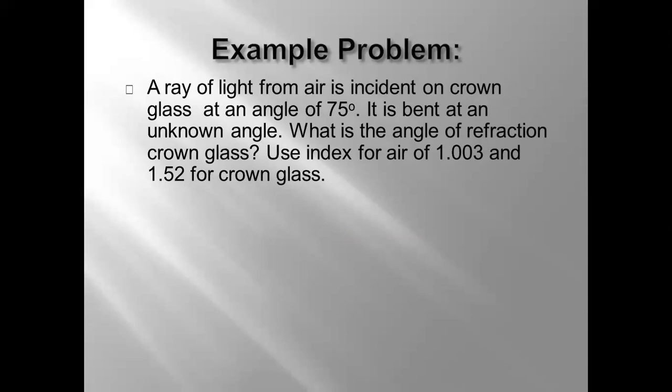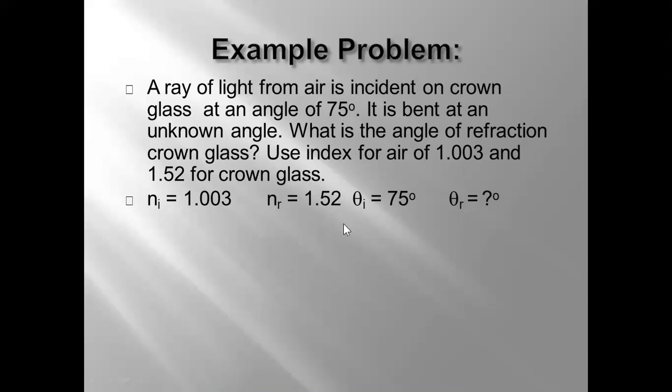Now let's define the given variables. Ni is equal to 1.003, Nr is equal to 1.52, and the angle of incidence, which is in air, is 75 degrees. We have to solve for the angle of refraction in the crown glass.